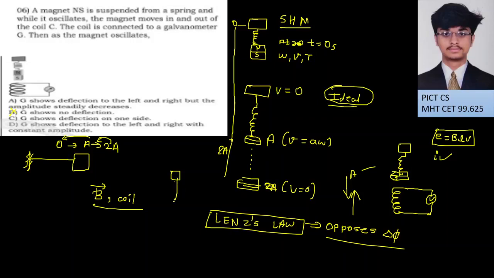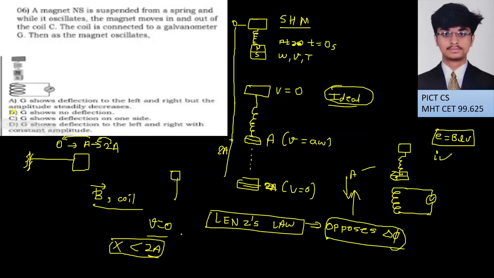Its velocity will become 0 at a point which will be less than 2A, suppose at a distance x. It means that its amplitude is getting reduced, because it is getting opposed. That is what Lenz's law states.